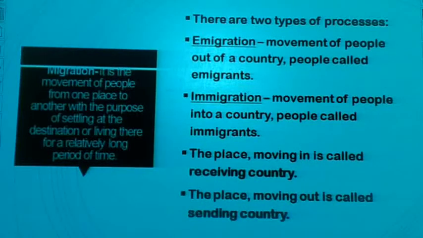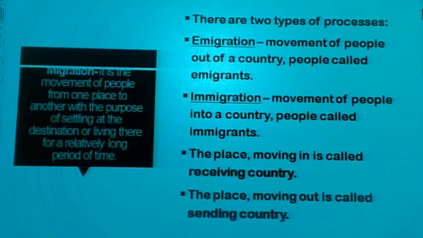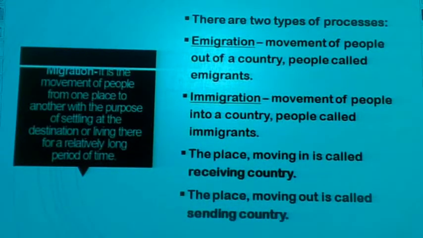The place where the people are moving in, that is the destination, is called the receiving country, and the place from where the people are moving out, that is the origin, is called the sending country.